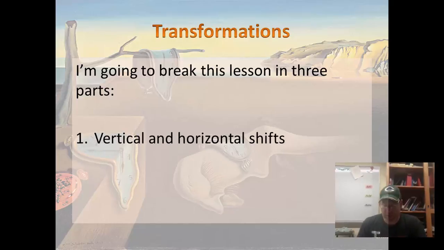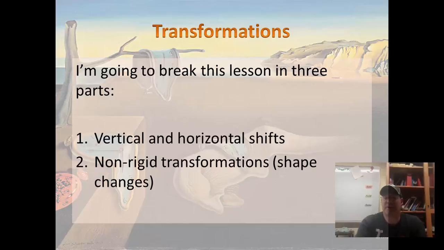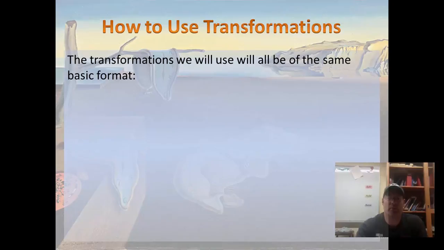The very first part is going to be dealing explicitly with vertical and horizontal shifts, moving it up, down, or left and right. The second video is going to be dealing with non-rigid transformations, which is basically changing the shape slightly by making it skinnier or fatter. And the third video is going to be devoted to reflections. So let's dig into the first transformations.